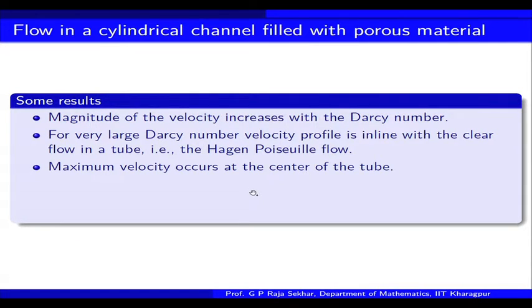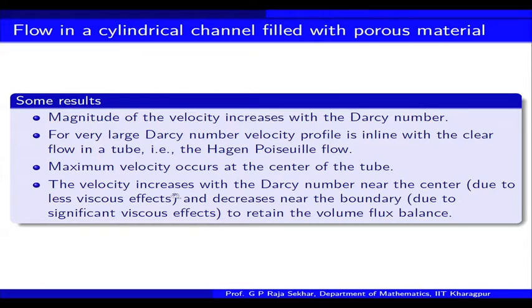The maximum velocity is at the center of the tube, the velocity increases at the center and then decreases at the boundary, and the total volume flux balance is readjusting the velocity profiles with varying Darcy number.